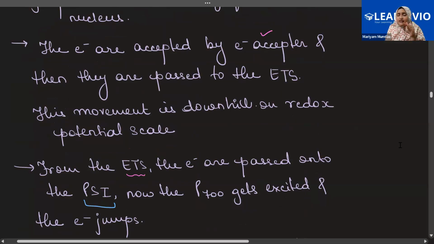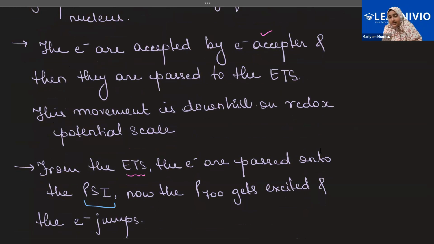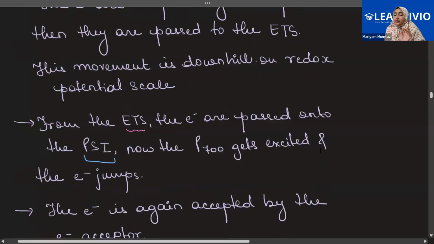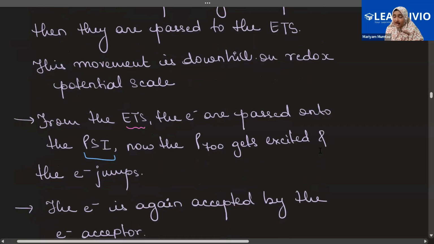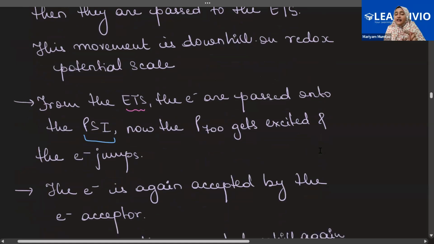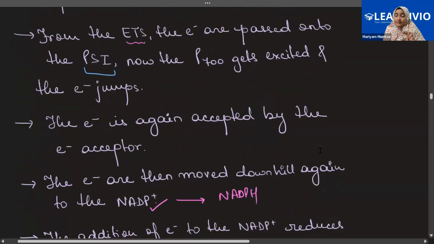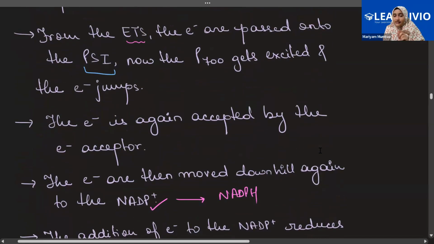Now, once the electron transport system is done, the electrons are sent to the light harvesting complex of photosystem 1. Now P700 gets excited. Again, the jumping of the electron takes place. Ultimately, the electron is accepted by the electron acceptor.